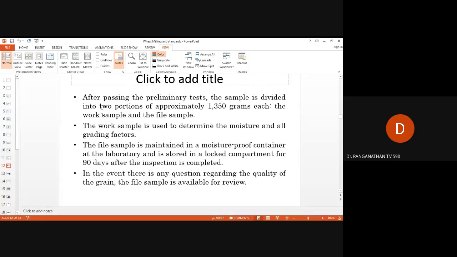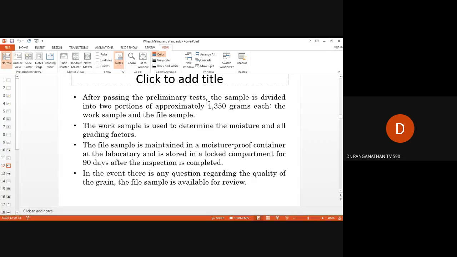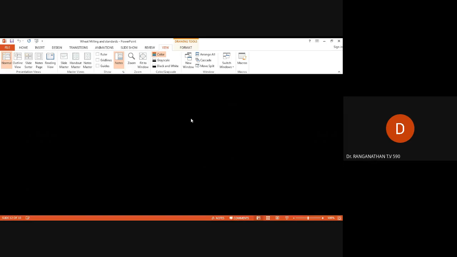Now, how do they find out where the problem is? They take the batch number, which is always printed on the bag. With that, they go for the readings of the work sample. Then they check again with the file sample to see whether there was any problem, whether it is because of the raw material.